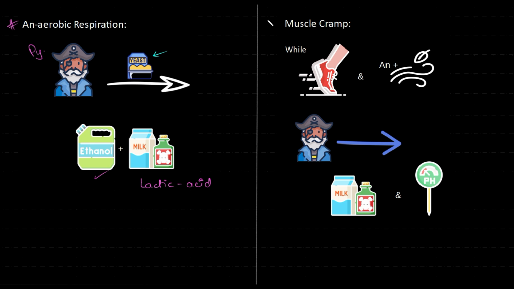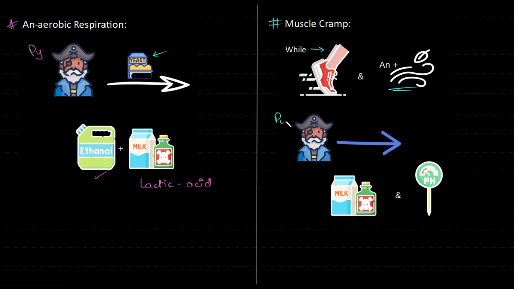Okay guys, now what leads to muscle cramp? Well, when you are doing something which is not regular, say you just ran 10-15 kilometers and you are not a regular runner, or say even 3-4 kilometers, all of a sudden you sprinted and you are not breathing properly. While you are running and your breathing is not that great, the oxygen does not reach the part of the body.